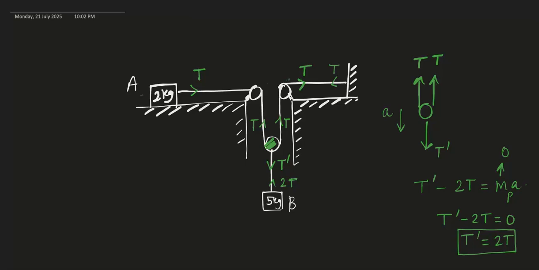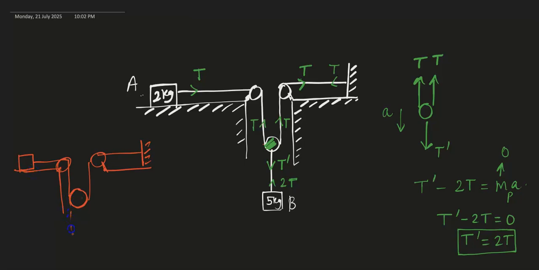Okay, so let's relate the accelerations now. What will be the acceleration of this particular block B compared to the acceleration of the block A? Let me redraw this situation over here. If I see this movable pulley, I can redraw it like this. One end is going over another fixed pulley and it is fixed over here, and another one is going on another pulley and is attached to one block.